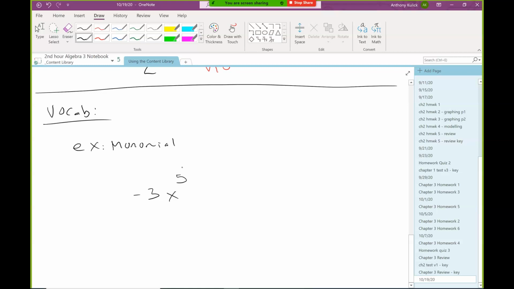So let's say we have a monomial. That monomial is negative 3x to the fifth. We call this negative 3 out front the coefficient. And we call the exponent the degree.